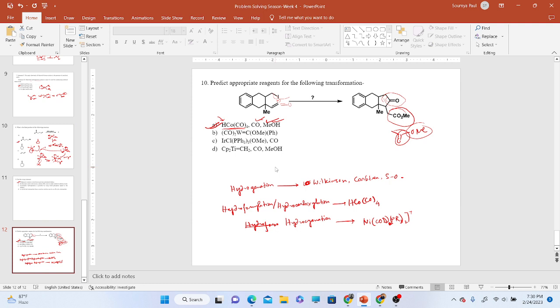It is a very well known book. The name of the book may be Introduction to Organometallics. I forgot the name, but most probably it is that. The writer is BD Gupta, and another writer is also there. I forgot his name.